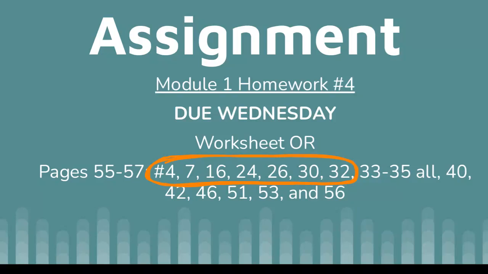Leave the bottom 3 problems. Don't do 33, 34, 35 yet. We haven't done an example like that. You can do number 53. And the rest of the problems we will learn how to do tomorrow. So these are the ones that you can do with what we've covered in class today so far. The rest of the problems you will learn how to do tomorrow in class. We'll do some examples like that.